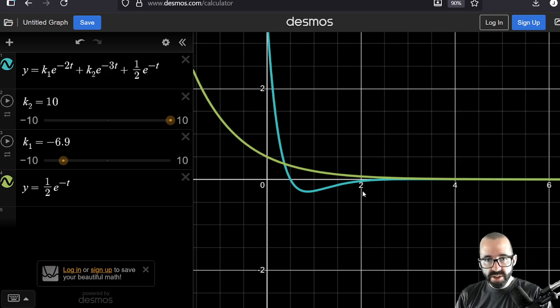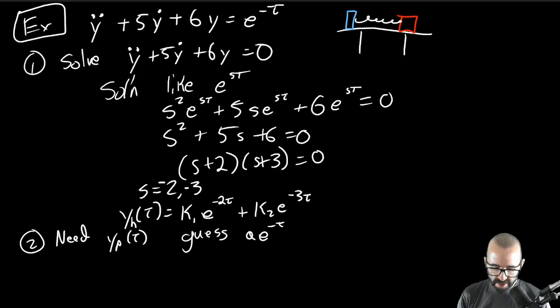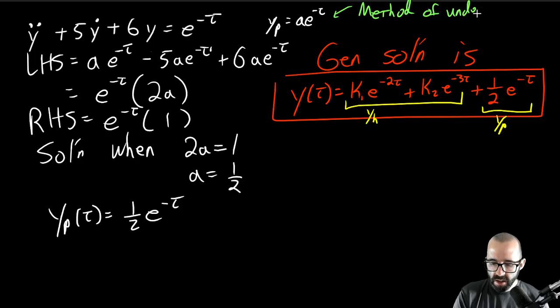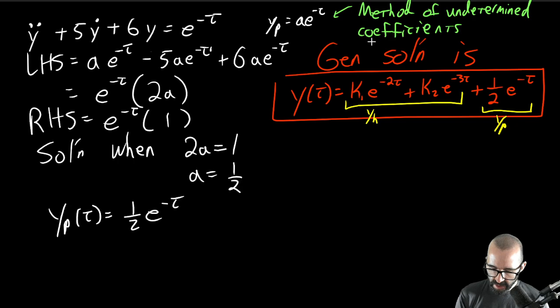So just like in chapter 1, this method that we use to find the particular solution is called the method of undetermined coefficients, which is basically just guessing. And if you remember, our guess depends on the right-hand side. Let's make a little table, right?